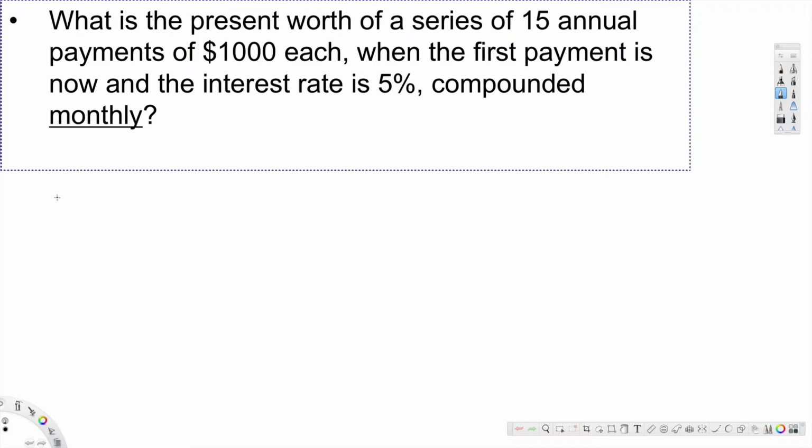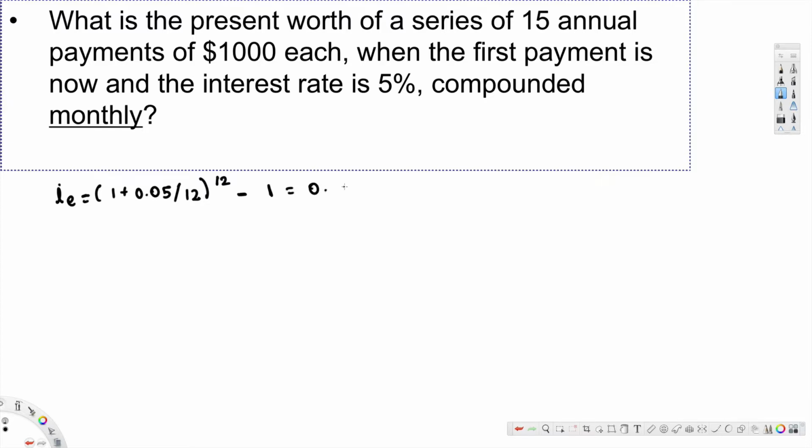First of all, let's go ahead and calculate the interest rate. To calculate the interest rate, this is the equation: 1 plus the percentage, 5%, 0.05 in decimal, and this is for monthly, so we have to divide this by 12, and the power, 15 annual, and this is for monthly, meaning 12 months, so we have to put 12 right here to find the compound interest, and minus 1.